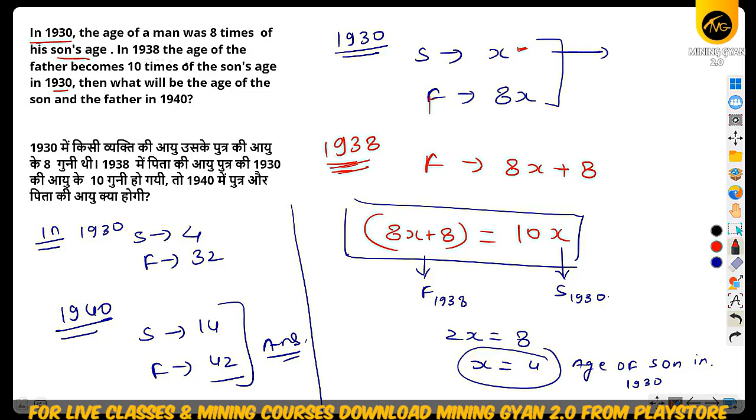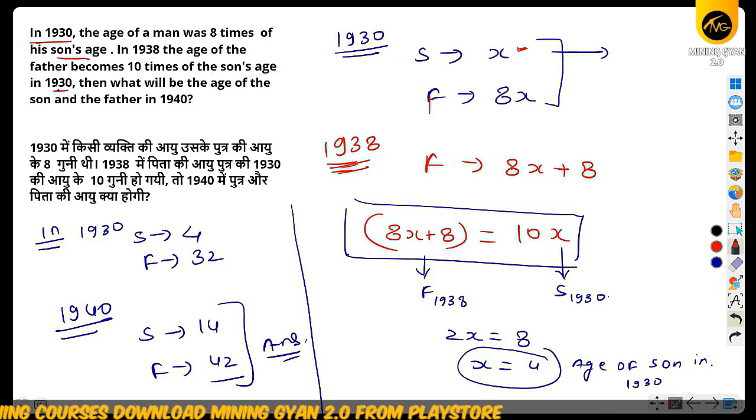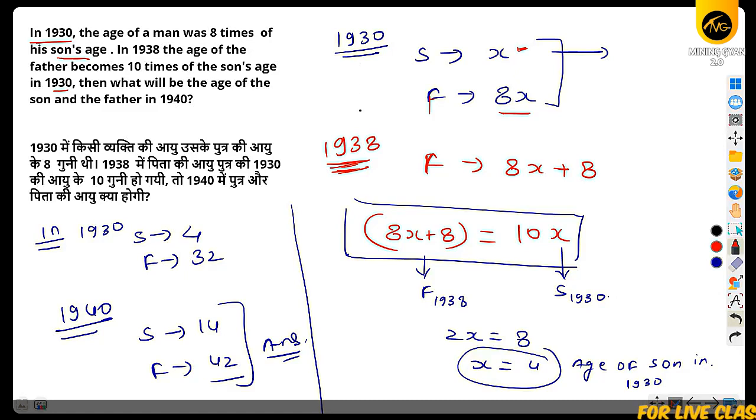Now in 1938 the age of father becomes 10 times of the son's age in 1930. Suppose in 1938 the father's age will be 8x plus 8, because we are moving 8 years ahead of 1930. Now what will be the logical portion?